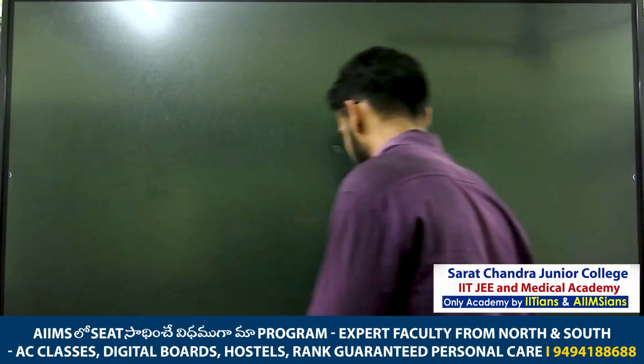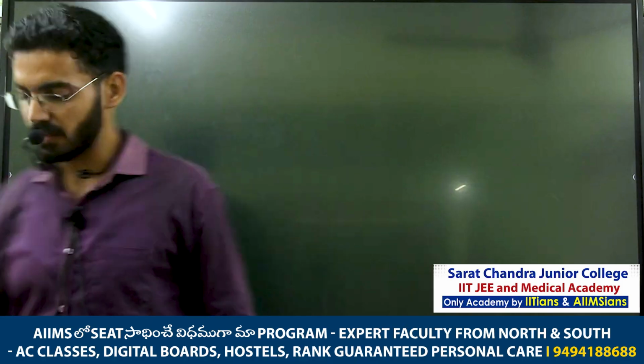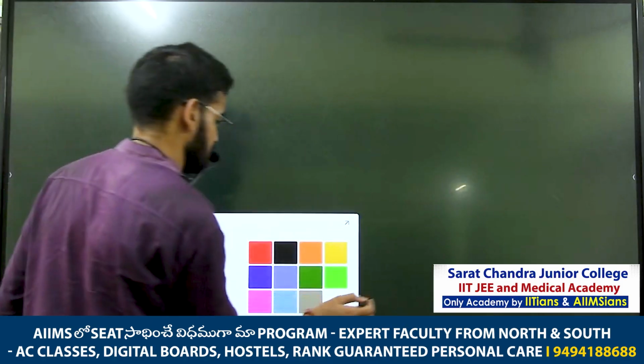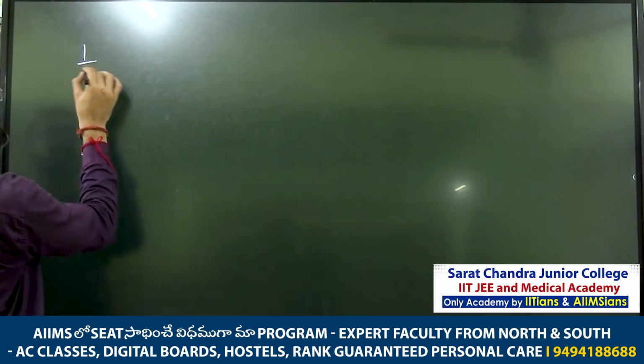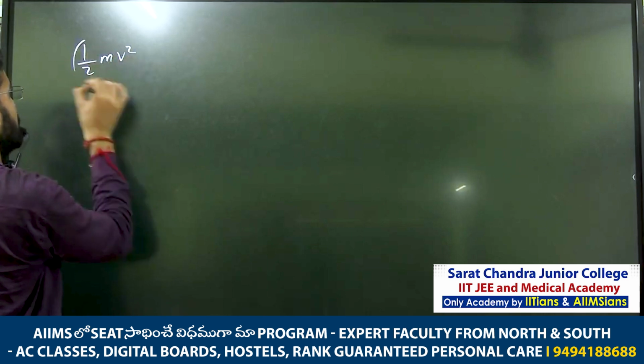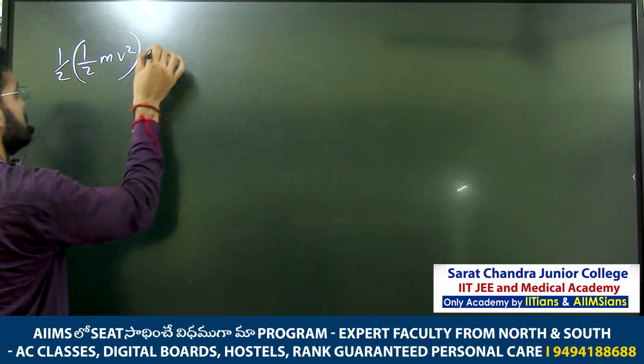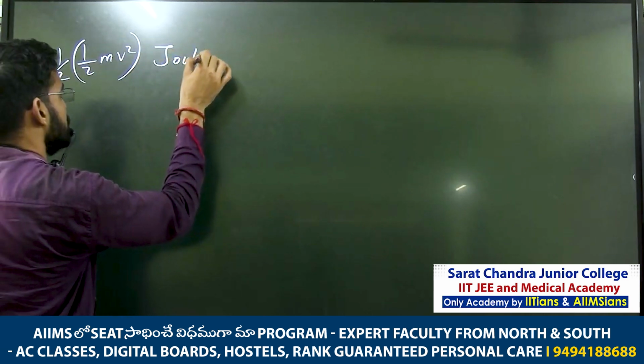Let's write it down on the next page, clearly with units. Here you have half mv square as energy, which is in joules.